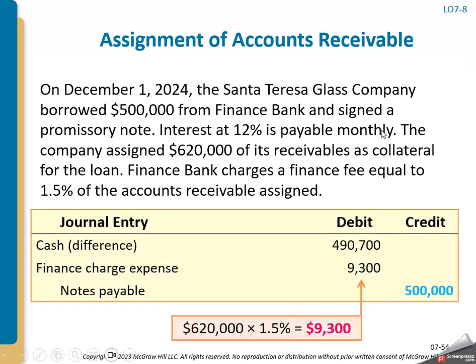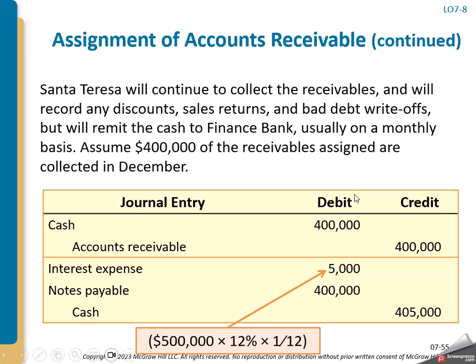So then here's the example, but notice there's always a charge. Banks are not going to do this just out of the goodness of their hearts. So there's always going to be a finance fee. In this case, it's 1.5% of the accounts receivable that are assigned. And then there's also going to be interest charged.